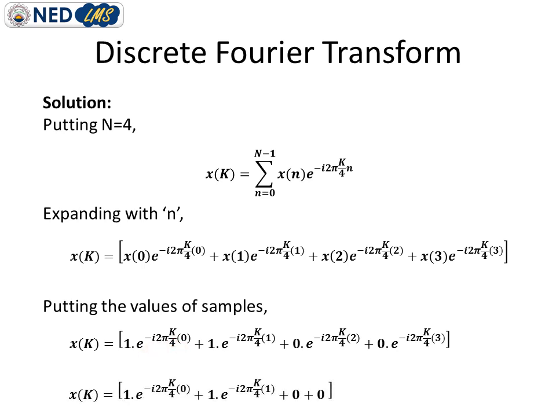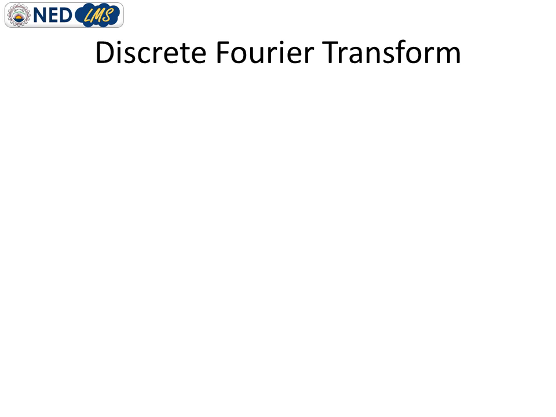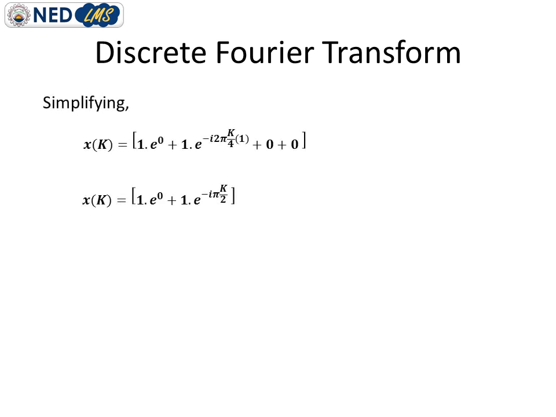Here you can see the last two terms become 0, and if we further simplify this, e raised to power 0 is basically 1 as discussed. So this is the equation which depends on the variable k.